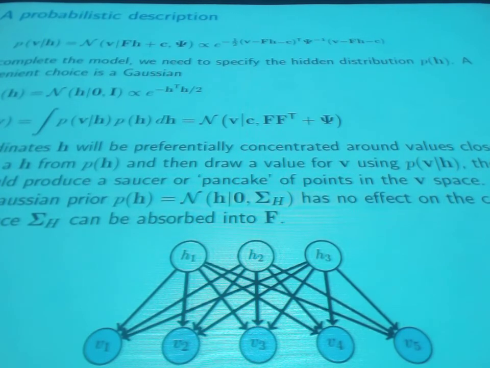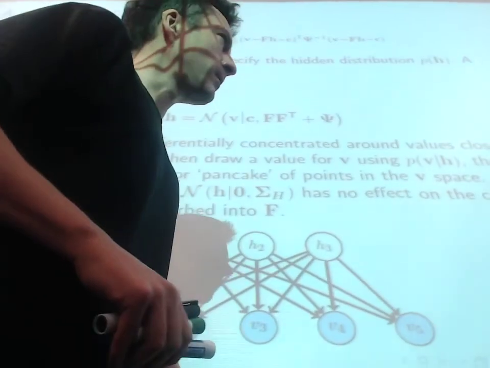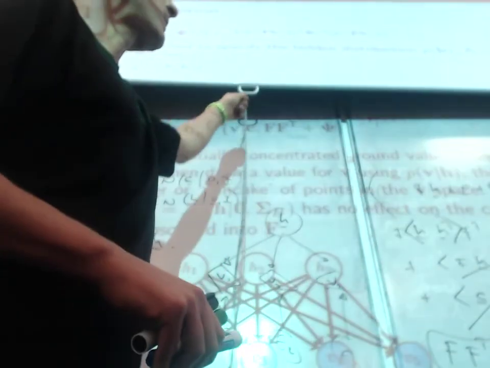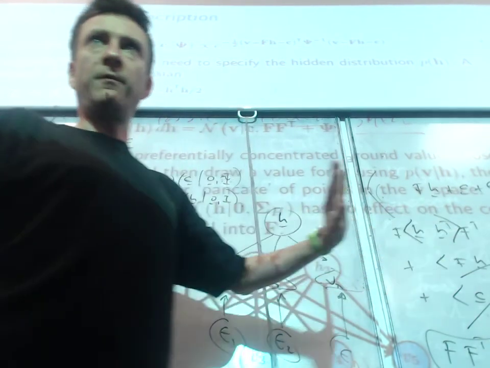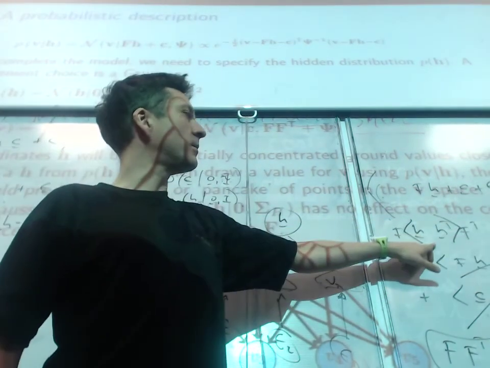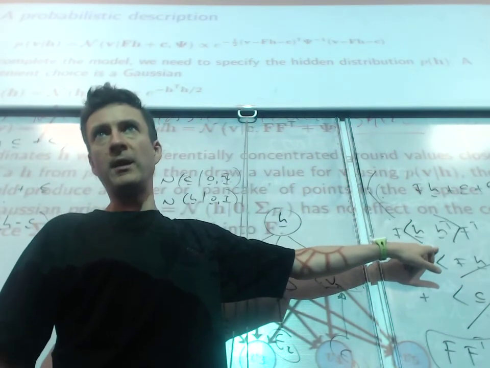And the reason is, let's think about this thing. The only thing that h does is, if we were to go back to this expression down over here, everything would have gone through as before, except now we would have put here the covariance of the prior on h.